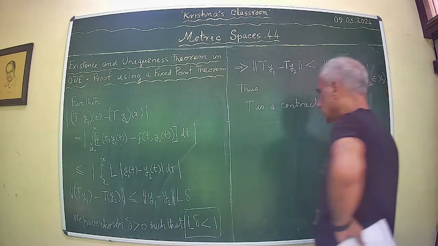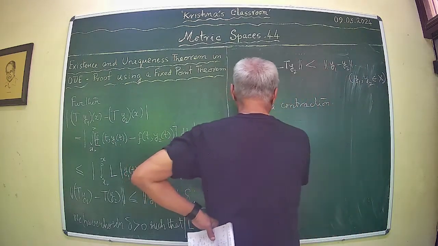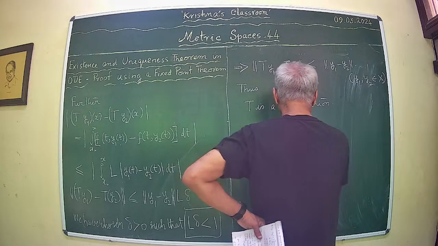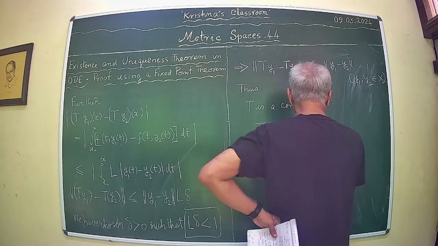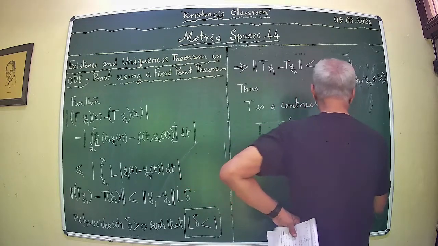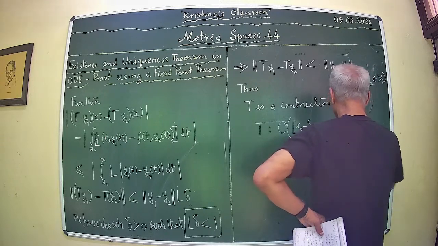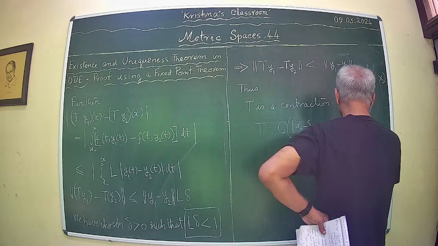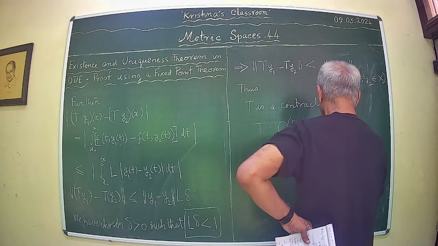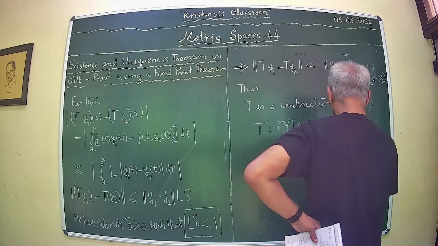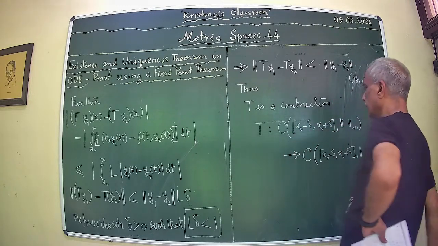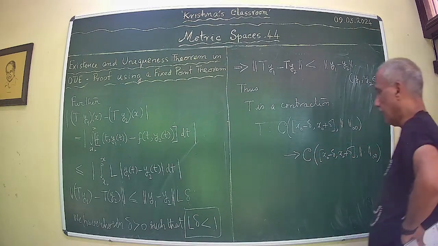So T maps a set of all continuous functions x0 minus delta with sup norm into the same class, infinity, which is a complete metric space, and T is a contraction.